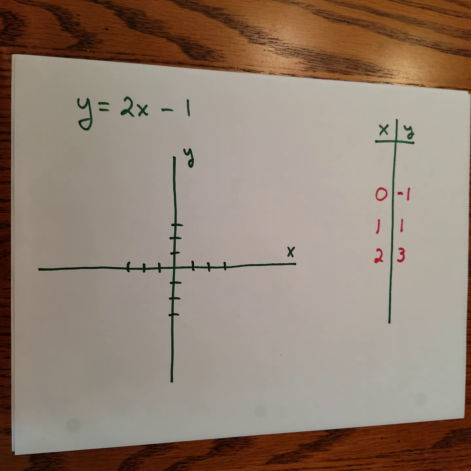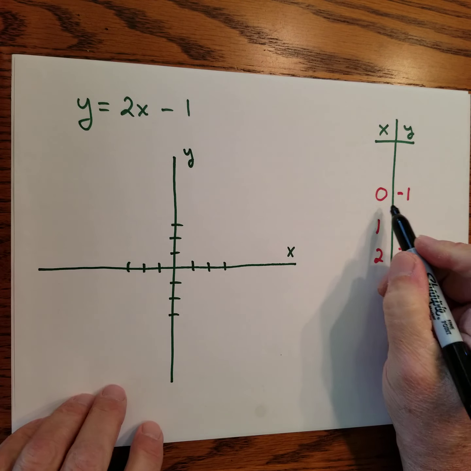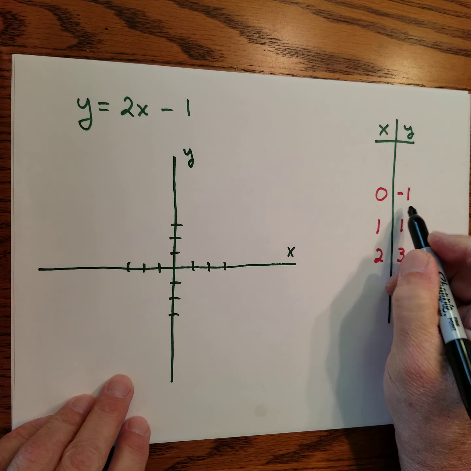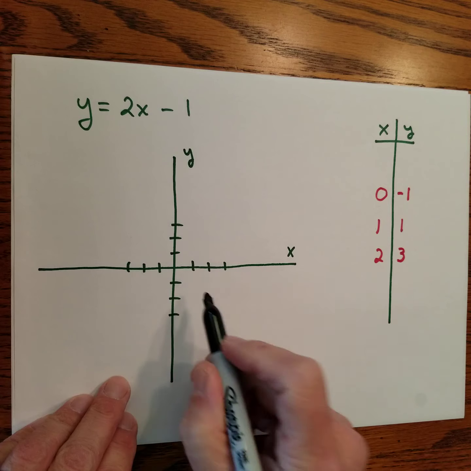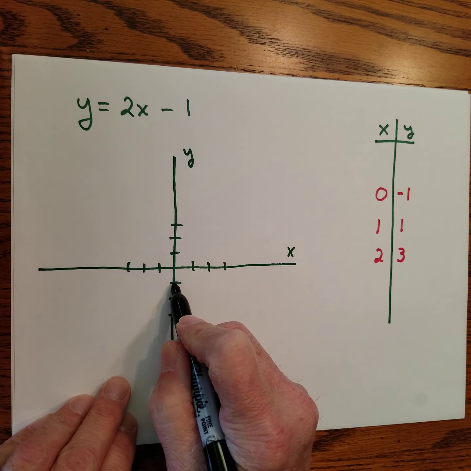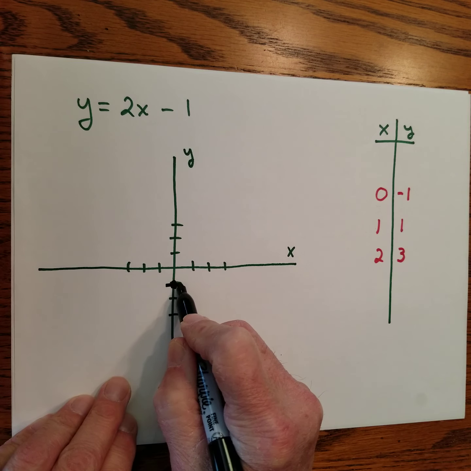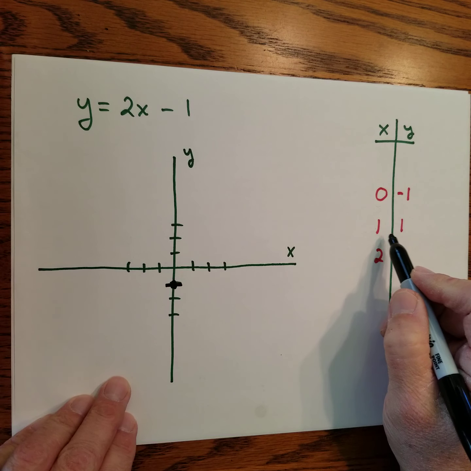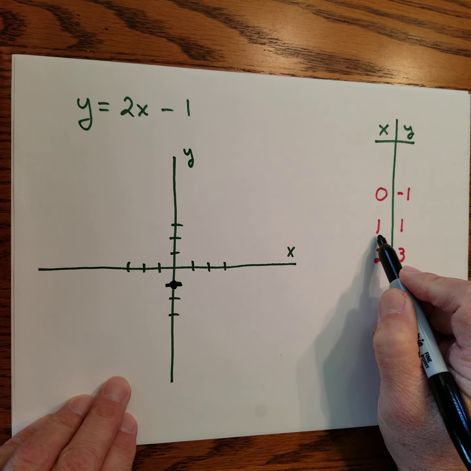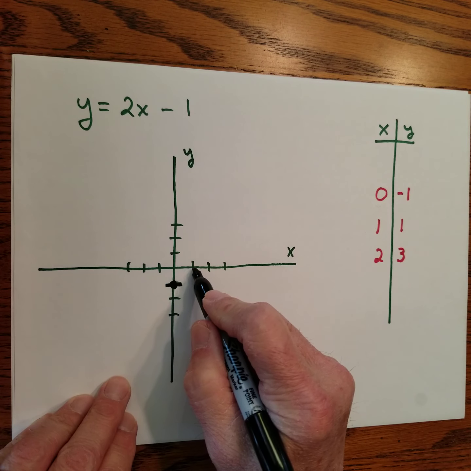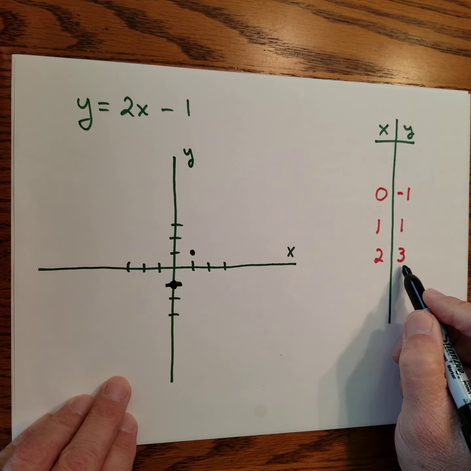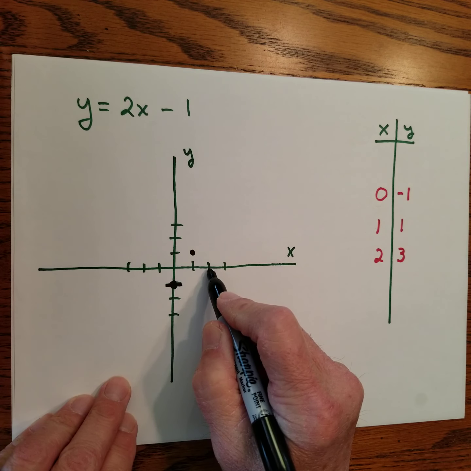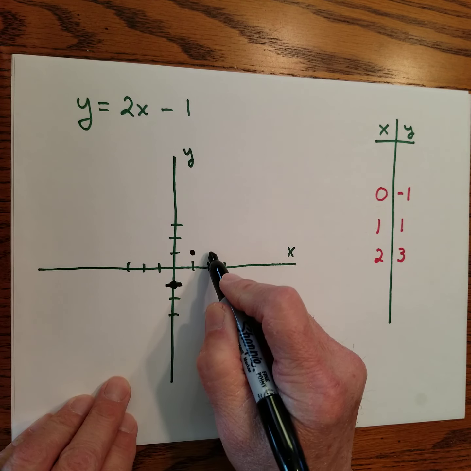Let's plot those 3 points. x0, y negative 1 means to go to 0 on the x-axis, negative 1 on the y-axis. x1, y1 is 1 right, 1 up. When x is 2, that's 2 to the right. y is 3, that's 3 up.